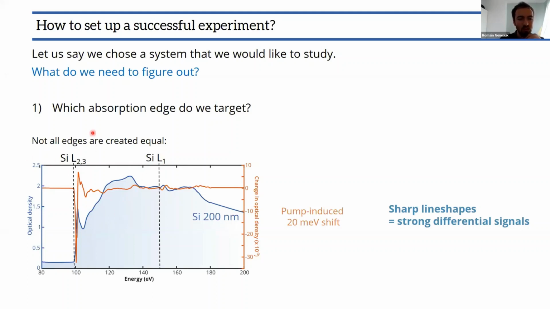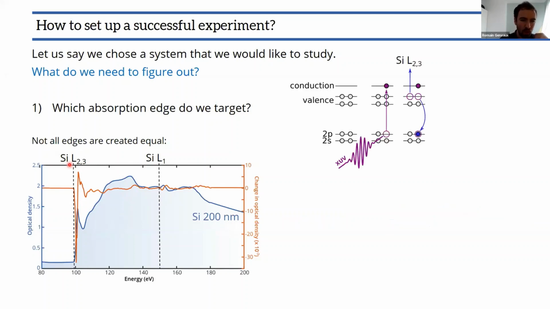Now, why are those edges not equal, the L1 and the L23? It's because of the way they decay. When we think of the edge, it means that we absorb an XUV photon. When you send your XUV on your element, you're going to create a hole, what's called a core hole. And then this state is going to decay. It's going to take some time, usually a few femtoseconds, maybe less sometimes, to decay.